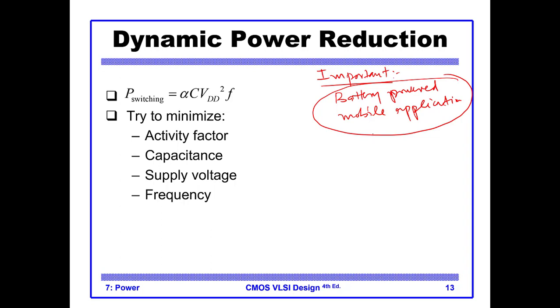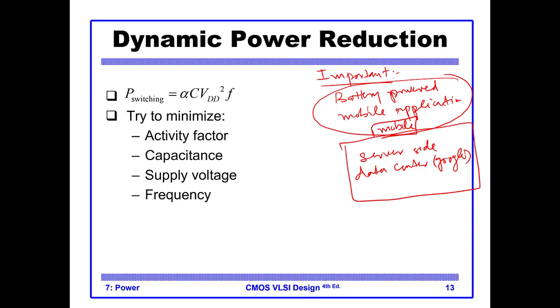Now this is on the mobile application side, but also on the server side. So imagine you have a huge data center. For example, it can be a data center of Google, where there are huge racks of computers. Again, huge dynamic consumption means huge cost of electricity.